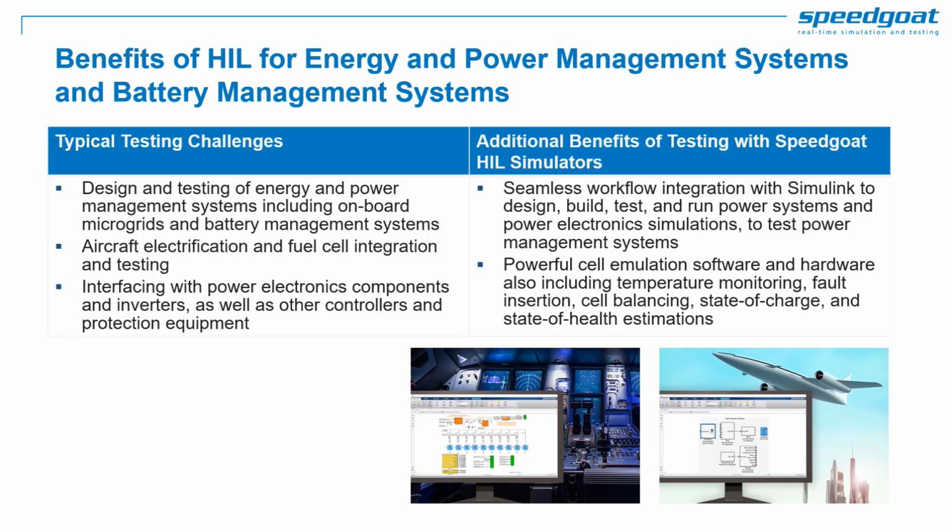The HIL setup allows you to do signal conditioning. For example, you can raise your voltage level to 28 volts, which is usually required in civil aviation. Also, the low latency interface to power amplifiers allows you to have a realistic representation of your onboard microgrid.